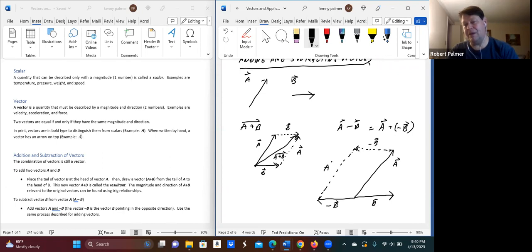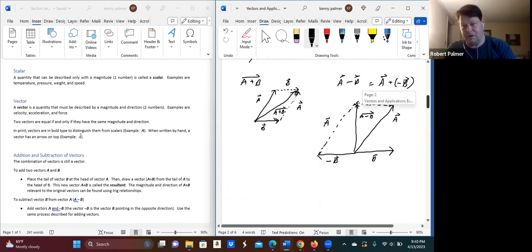This is A. And then once again, this line right here that goes from this intersection point to where the heads of vector A and vector B meet is going to be A minus B. Okay, so that's graphically how we do that. And then we'll have to talk about actually finding those values.